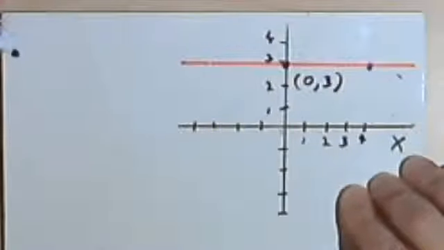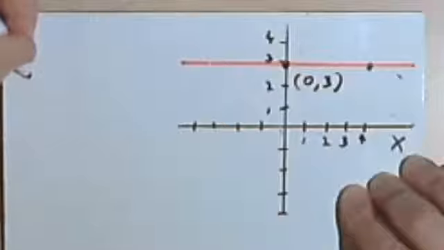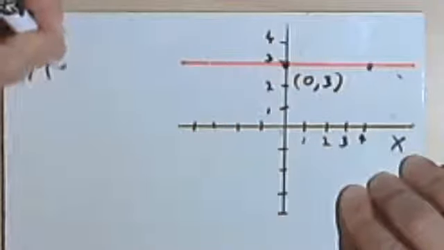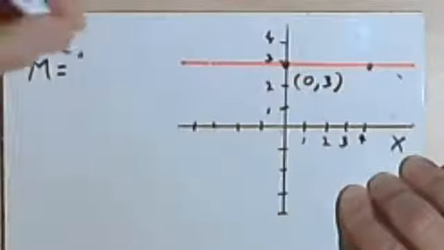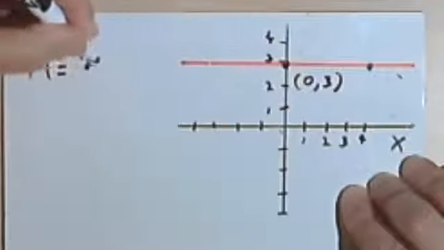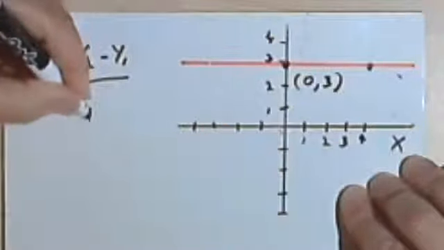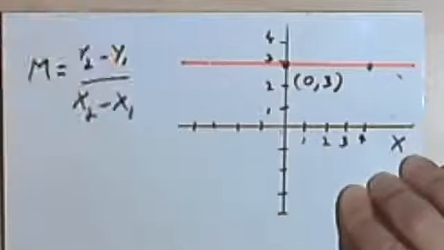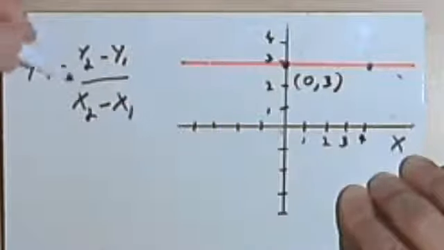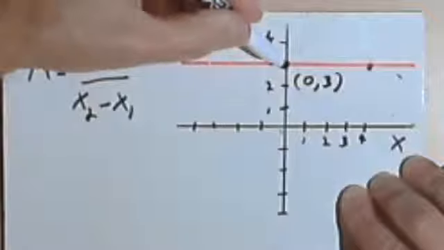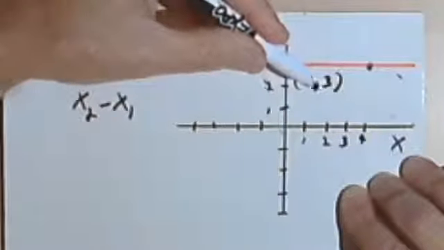So let's use the equation for slope. Remember, the equation for slope is m, which stands for slope, equals y sub 2 minus y sub 1 over x sub 2 minus x sub 1. So we need 2 points. We've got a point here already, that's (0, 3).